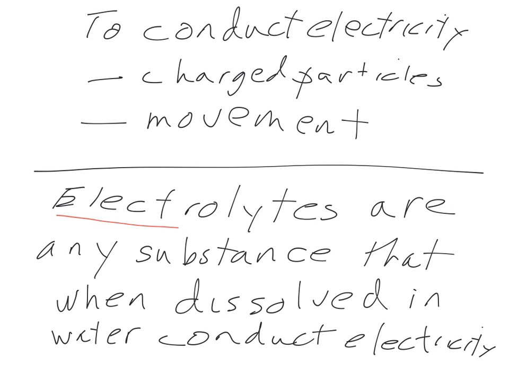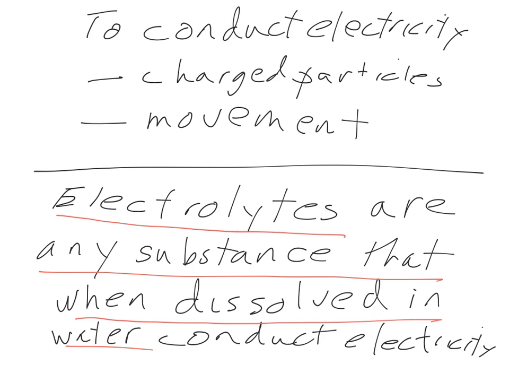An electrolyte is any substance that when dissolved in water conducts electricity. You need to write that down if you're not doing so already. All right, so an electrolyte is any substance that when dissolved in water conducts electricity.